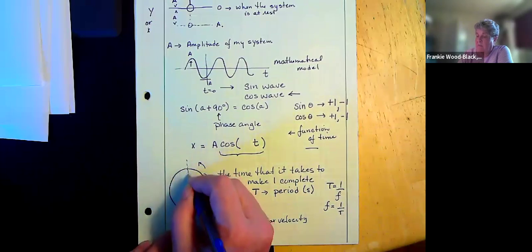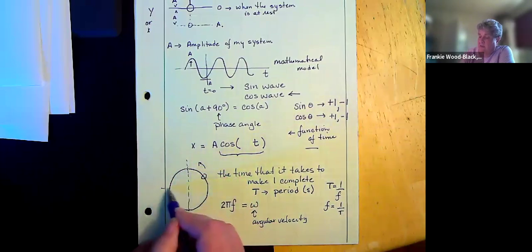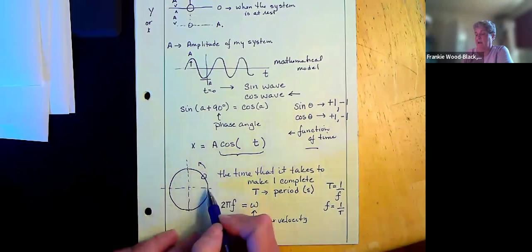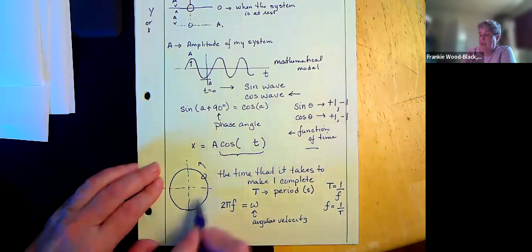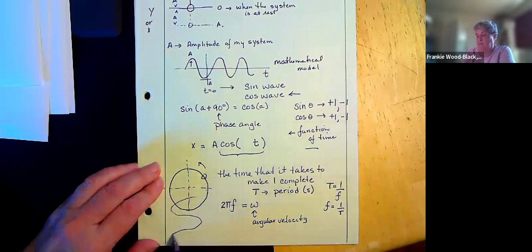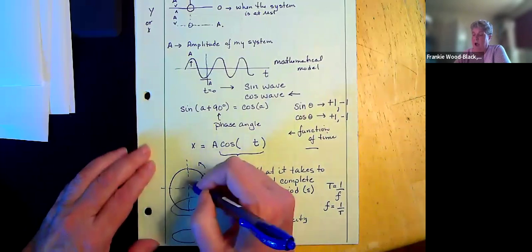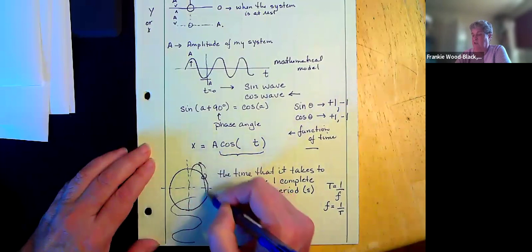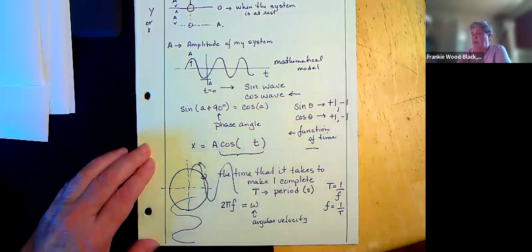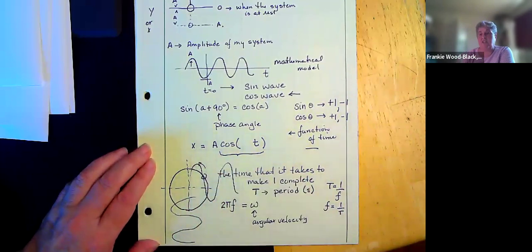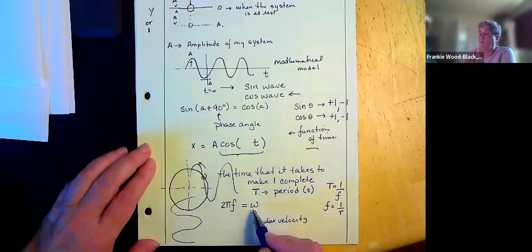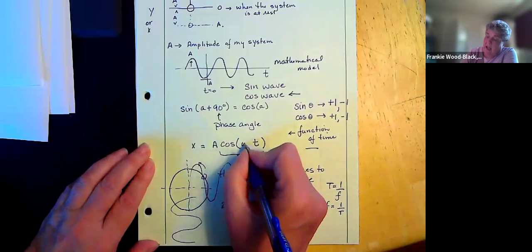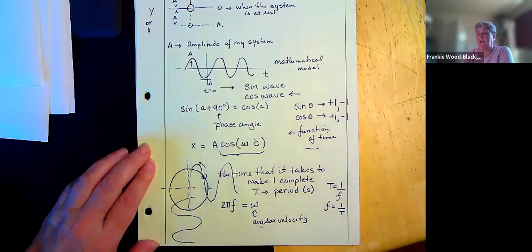Now, what's interesting about this is if I look at this situation head on, if I'm looking at the x direction, I'm going to get my sinusoidal pattern just like that. If I'm looking at my y direction, I'm going to get my sinusoidal pattern just like that. And I've got it going both directions. So this is great. What's going to happen here is I can put that omega right here.